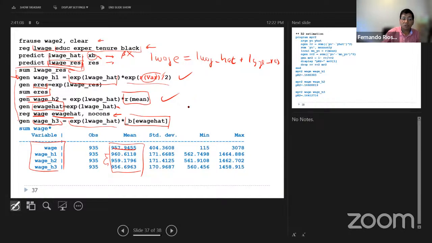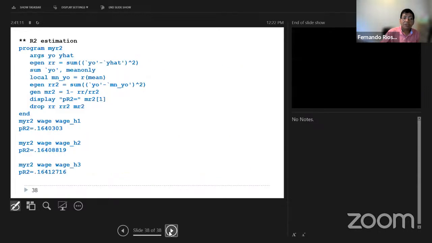What about the R-square? For the R-square, you will have to use a little program that I wrote, and you can copy this. And if it doesn't run for you, let me know so I can send you the do file, where I'm just creating new variables that replicate the function that I described before.